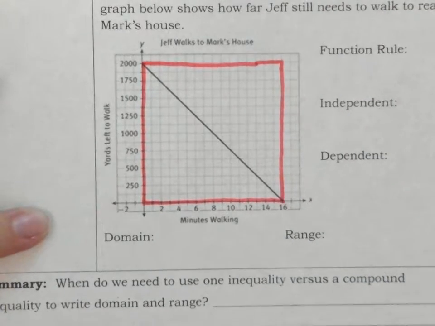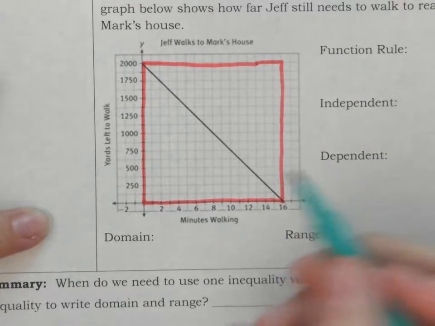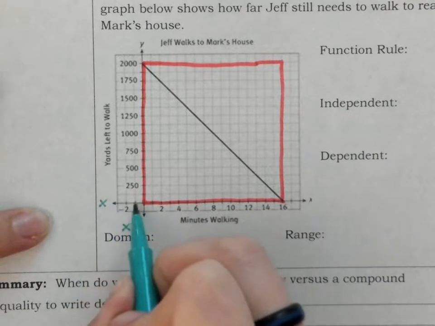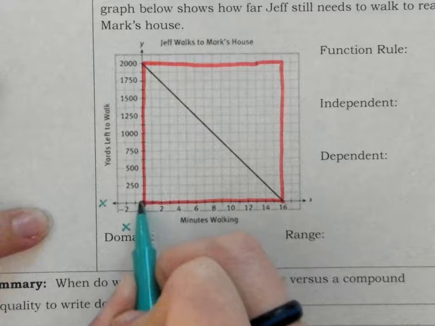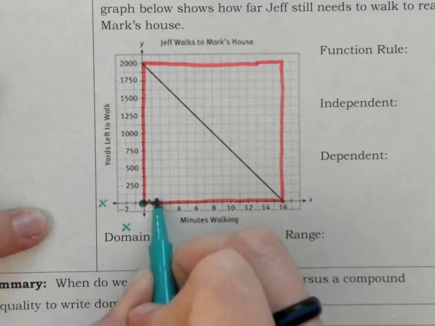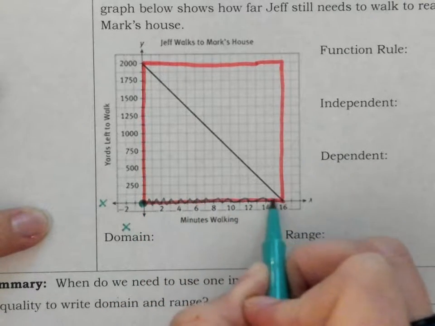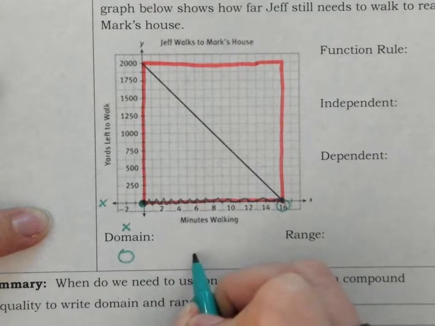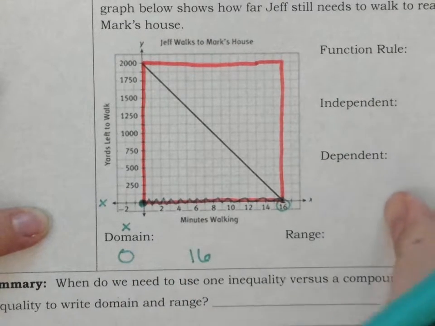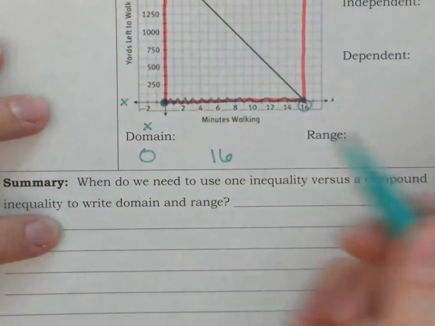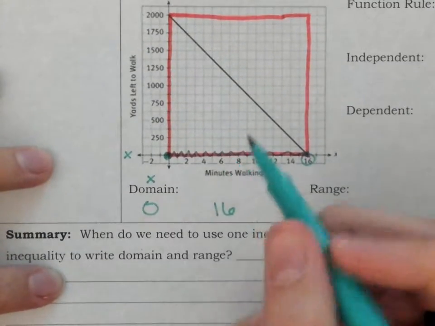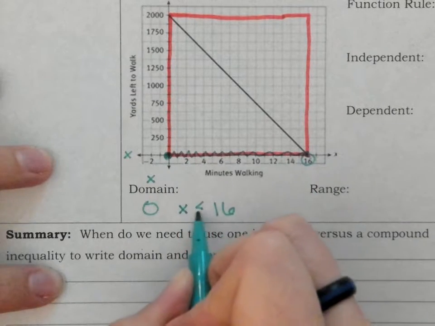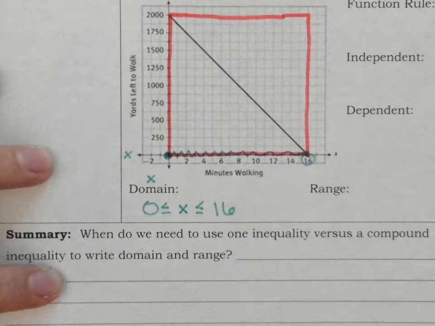And once I have it boxed in, I'm looking for domain, which is x, so I look only at the x-axis. Where does the box start? It starts right here at 0, and it goes all the way over to 16. And so we would write it from 0 to 16. Move this up so you can see a little better. And we put x in the middle, and these are closed circles, so less than or equal to.